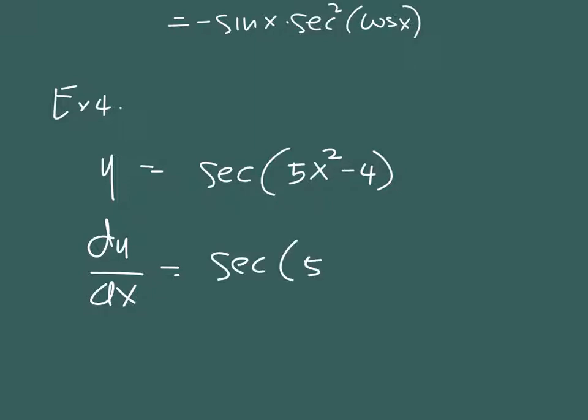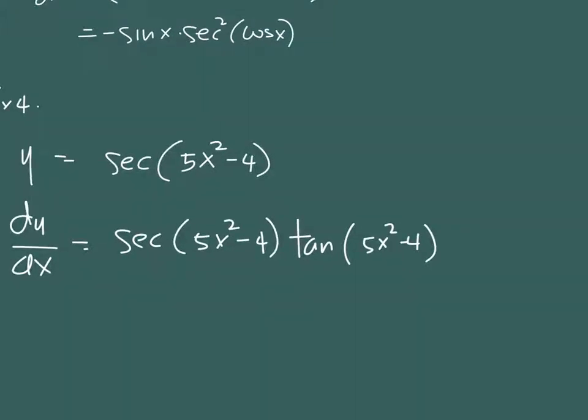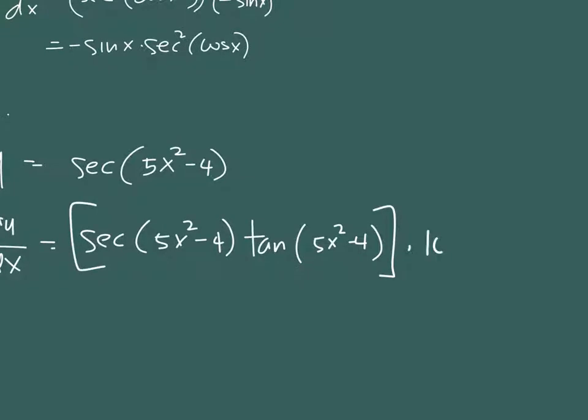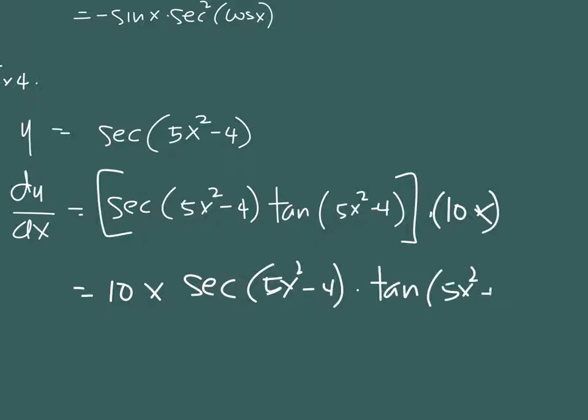Secant of 5x squared minus 4, and then tangent of 5x squared minus 4. And then there's a tail to this derivative. So group times 10x. Yan yung tail end niya. Then again, arrange 10x. And then just copy 5x squared minus 4 times tangent of 5x squared minus 4.